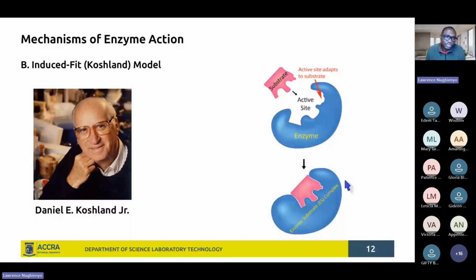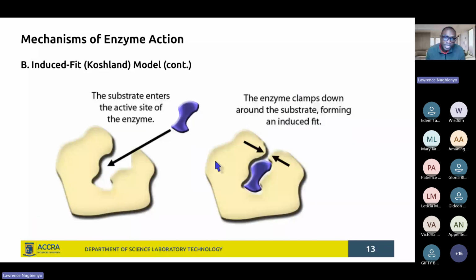So that's where the name came from, induced fit. So what it means is that, according to Koshland, if you take a substrate, so that's a substrate violet, and you have the enzyme with a cream color with some active site being shown.